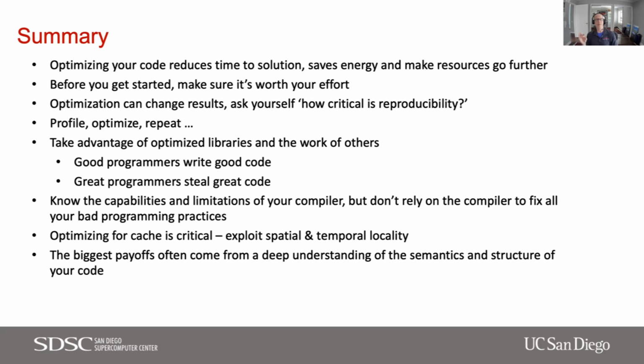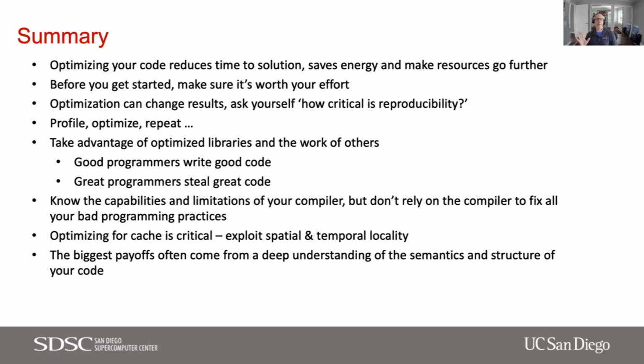Optimizations can sometimes change your results. Remember that floating point identities are not the same as algebraic math identities. Ask yourself, how critical is the reproducibility? In most cases, you do not need bitwise reproducibility. When you're profiling your code, profile, optimize, repeat, because you're going to have new hotspots.